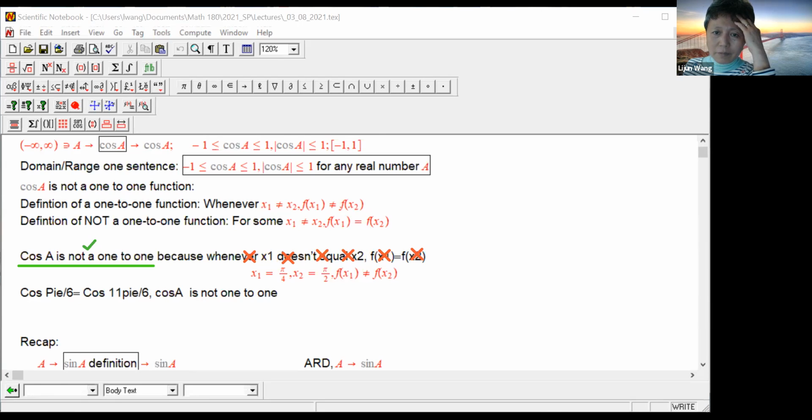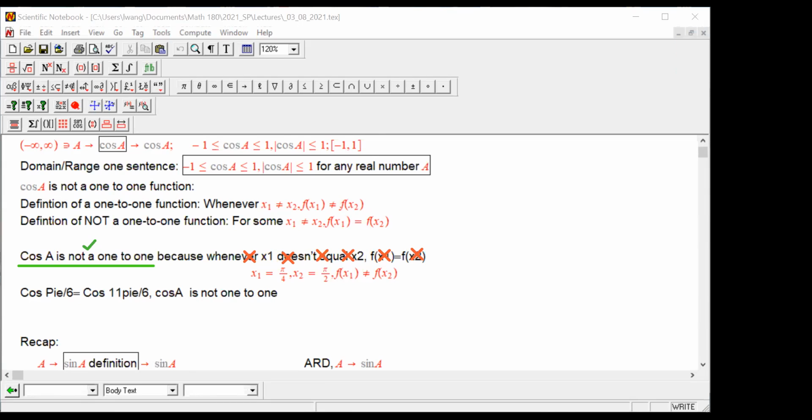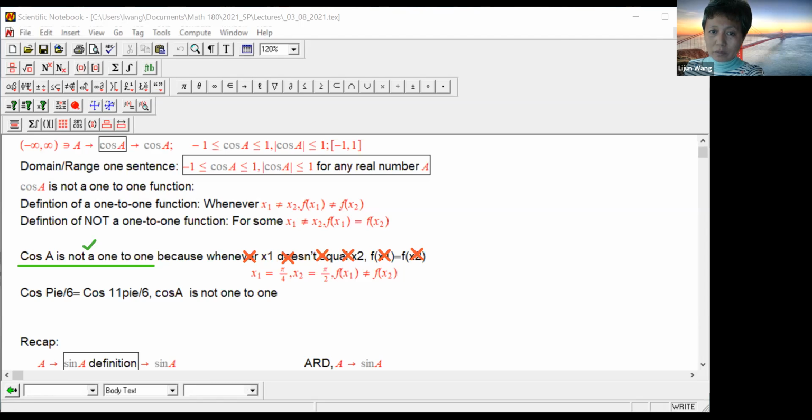Kyle, are you there? You say whenever. In this case, when you counter that, you certainly cannot use whenever. And also, you cannot say when x1 is not the same as x2, because not all cases where x1 is not the same as x2 will have the same answer.